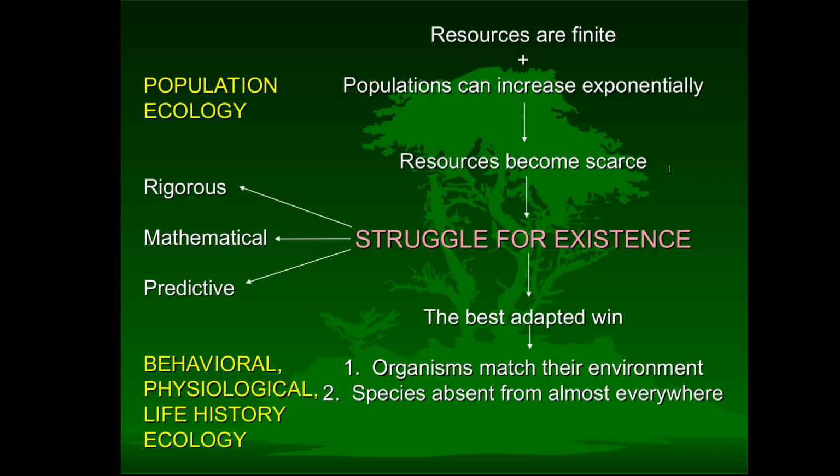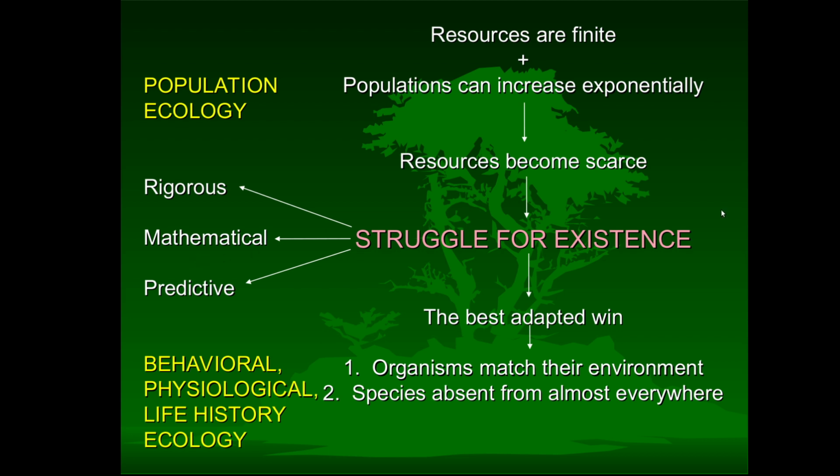So we're at the population level of organization, the population unit of this class, and focusing on this part of the struggle for existence, logical structure. We're developing a rigorous mathematical predictive theory of the struggle for existence. So specifically, we're saying populations no longer increase without limit.